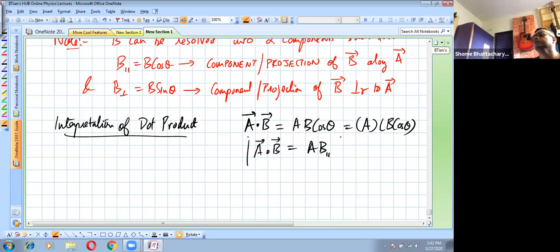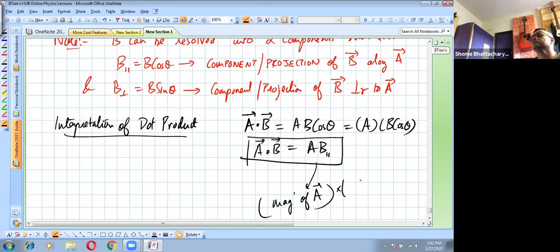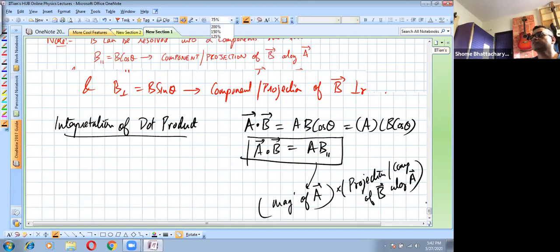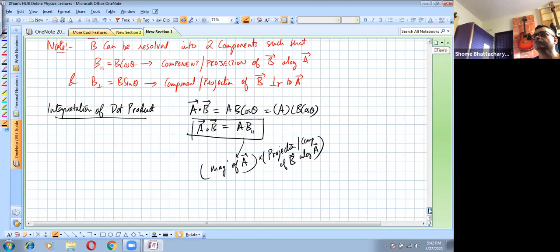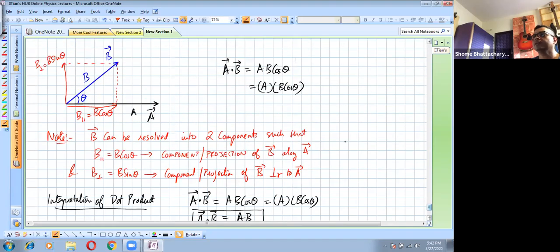So A dot B can be interpreted as the magnitude of the A vector multiplied by the projection or component of B along the vector. So that is why, for example, when we talk about a definition like work done, it is force into displacement in the direction of force.